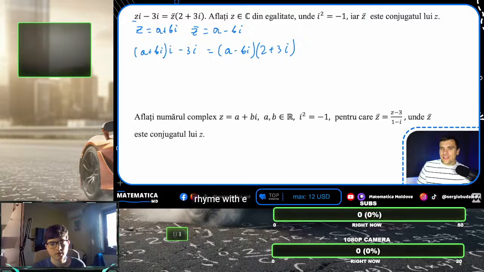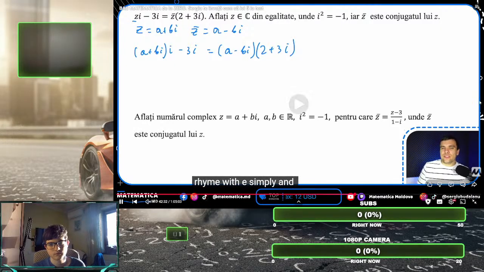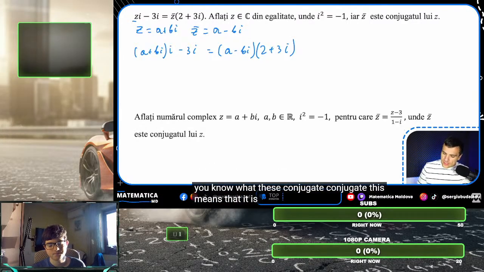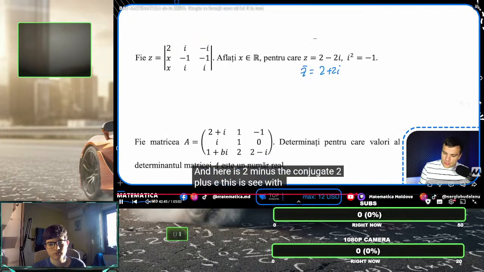There's gonna be 2a plus 3ai minus 2bi minus 3b i to the second power. Substitute the i to the second power with -1 and boom.